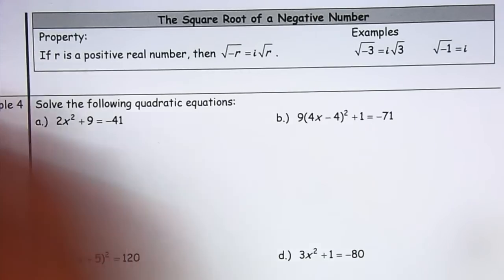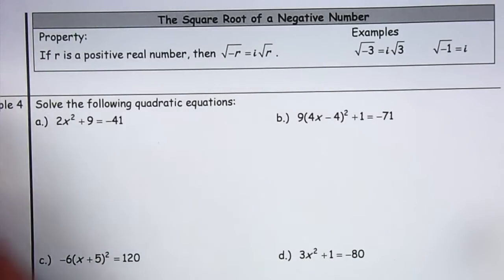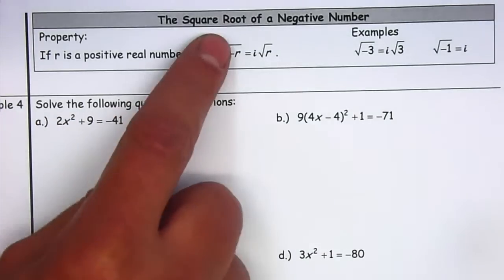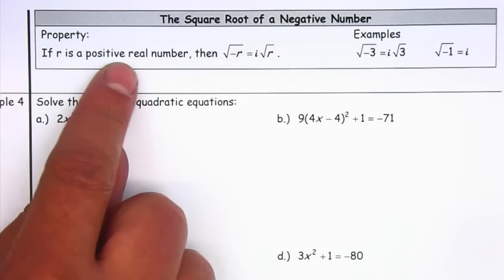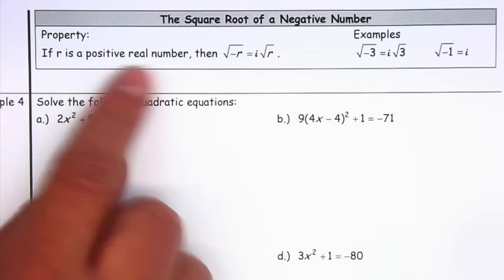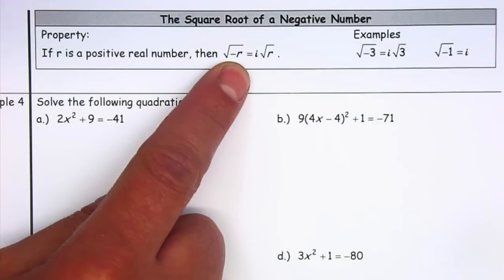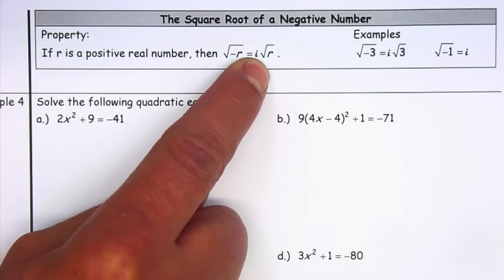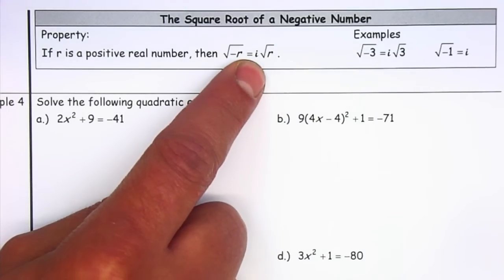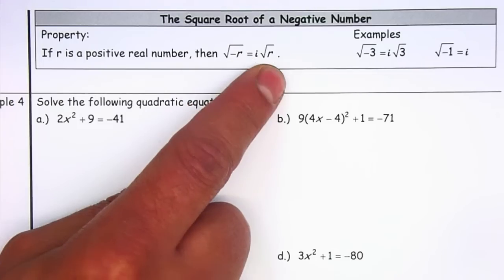On the back side, we are also going to be dealing with negative numbers inside the square root. Now we have a property that says that if we have a negative number, we can take it out as an imaginary number, and we're going to be covering imaginary numbers on Fridays in more depth.